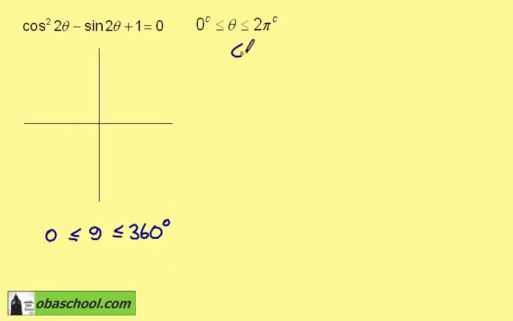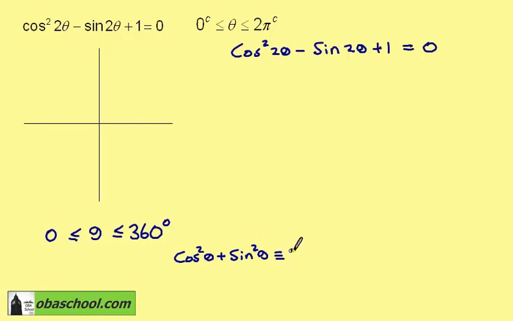The equation is cos squared 2 theta, take away sine 2 theta, plus 1 is equal to 0. We know the trigonometric identity cos squared theta plus sine squared theta is identically equal to 1.